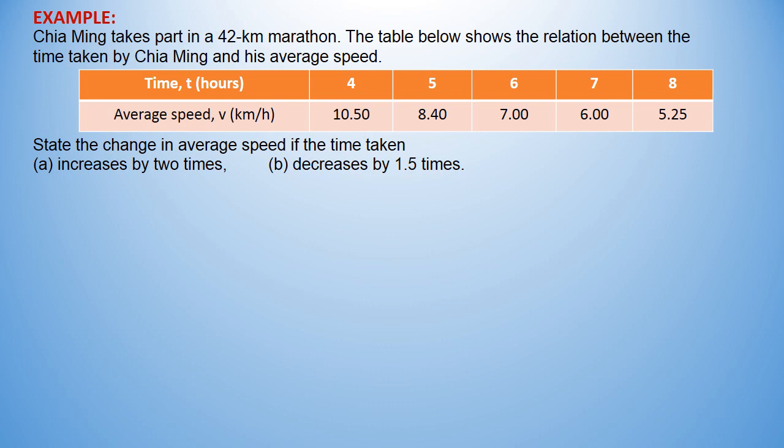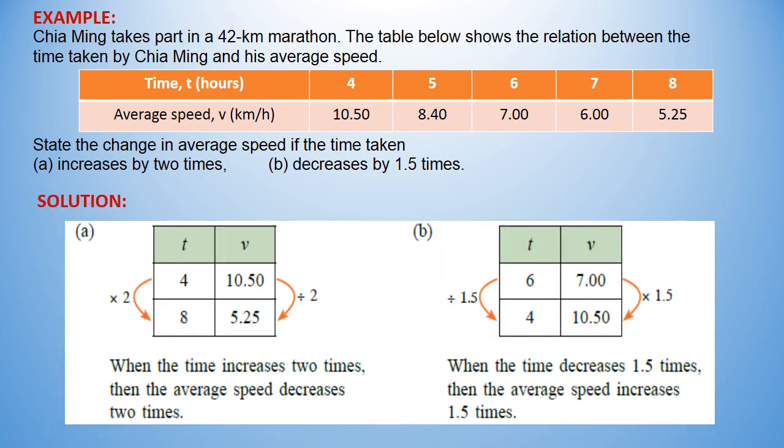Now we look at the time taken. If the time taken increases by 2 times or decreases by 1.5 times. So we look at the solution. Let's say the time in the beginning is 4 hours. It increases by 2 times, so 4 times 2 we get 8.